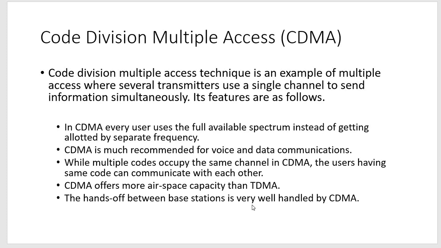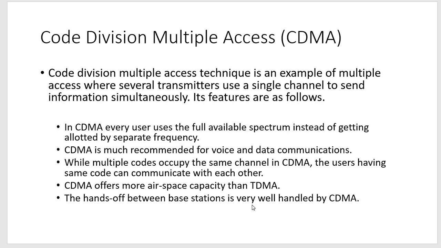Since there is no slicing and it is fully allocated, we have more space capacity. The handoff between base stations is very well handled by CDMA. The handoff technique is very smooth and fast in code division multiple access.